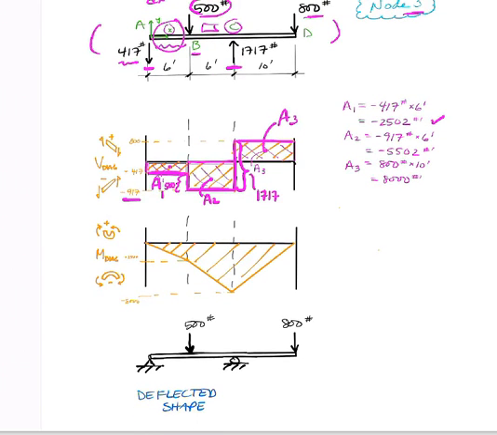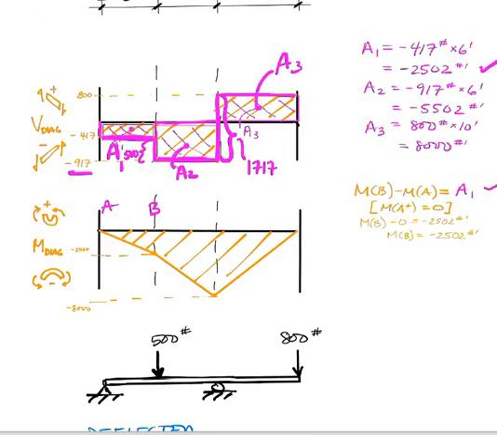All right, so the relationship between shear and moment tells us that the change in moment between any 2 points is going to be equal to the area underneath the shear diagram. So let's just deal with our first 2 points here, point A and point B. The equation is going to say that MB minus MA has to equal the area underneath the shear diagram between A and B, which for us would be A1. We've already found A1, which was equal to minus 2502.